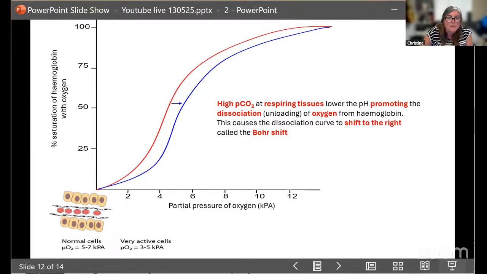Is there a way to differentiate? Let's try that again. Differentiate between the PCT and the DCT. Yes. So the PCT, we know, is where you're going to have selective reabsorption, and that selective reabsorption at the PCT is of our glucose molecules. Because of that, we want all the glucose that has been removed through ultrafiltration from the bloodstream put back into the bloodstream.